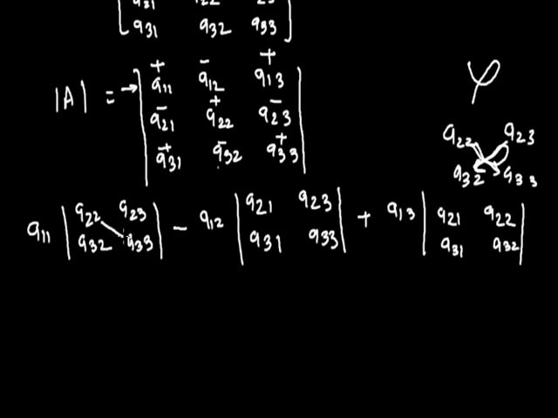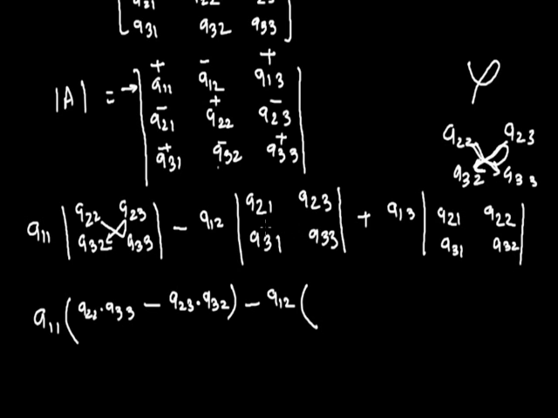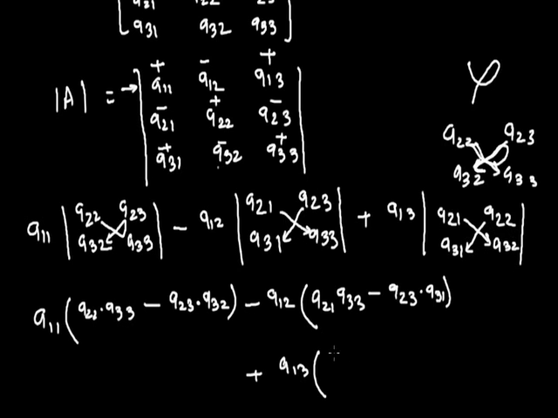Now again, how to solve: this element is multiplied with this, then this element is multiplied with this. So we write in this form: a11 into (a22 into a33 minus a23 into a32), minus a12 into (a21 into a33 minus a23 into a31), then plus a13 into (a21 into a32 minus a22 into a31).